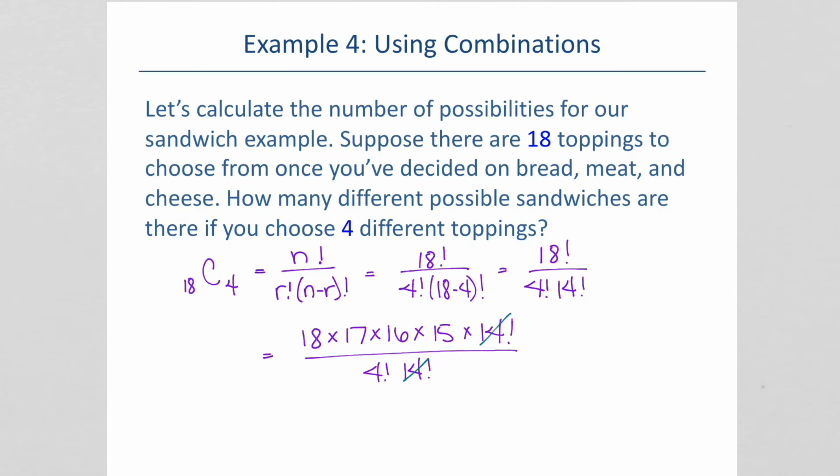So our 14 factorials will go away. And so we'll just need 18 times 17 times 16 times 15 on the top, and 4 times 3 times 2 times 1 on the bottom. There are 3,060 different sandwich possibilities.